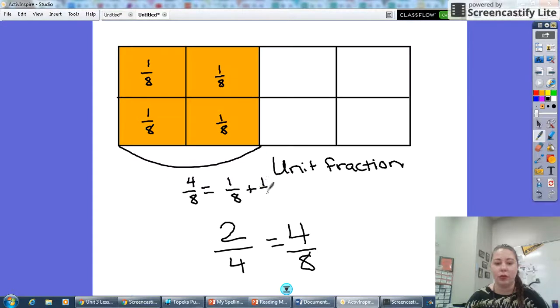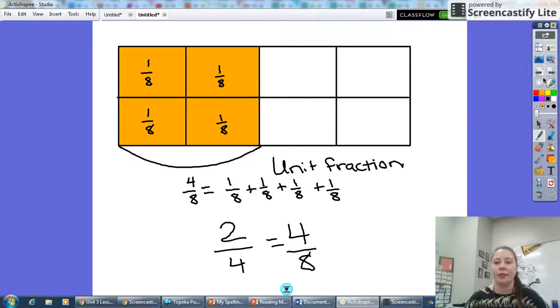So 1/8 plus 1/8 plus 1/8 plus 1/8. Okay, that's equivalent to 4/8. 4/8 is equal to 1/8 plus 1/8 plus 1/8 plus 1/8. Okay?